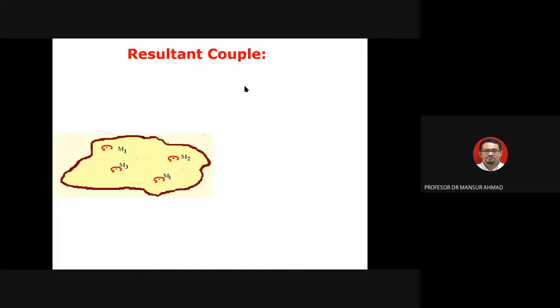Moment 1, moment 2, moment 3, moment 4, moment 5, and so on. So the summation of moment at any point is equal to just add it up: moment 1, plus moment 2, plus moment 3, and the rest of the moments of a force.